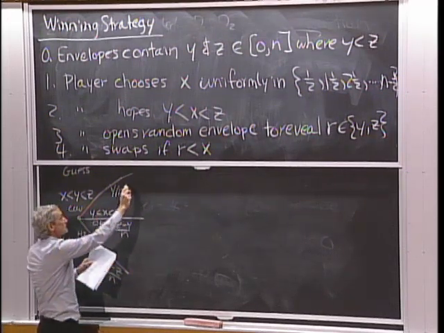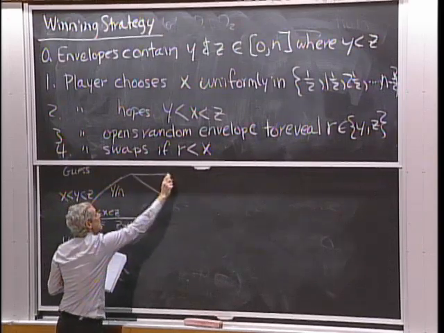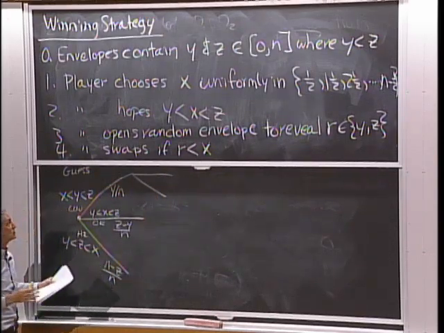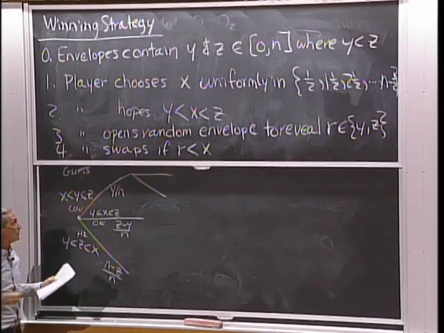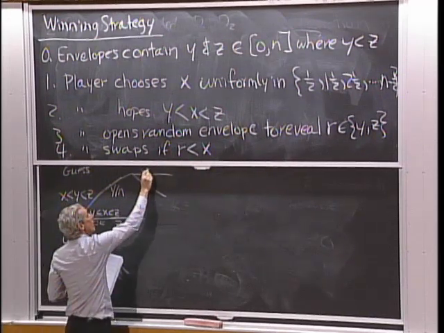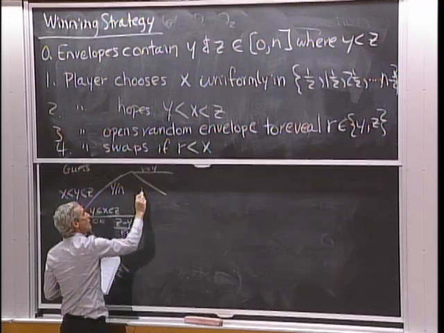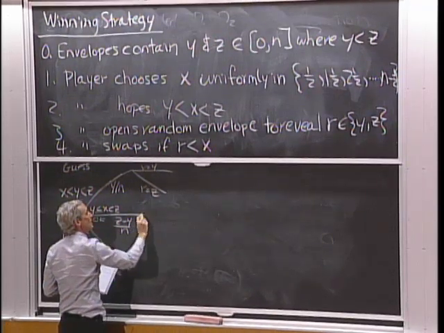Now the next branch is the revealed value. Did you open the smaller one or the larger one? R equals y means you opened the smaller one. R equals z means you saw the bigger one.